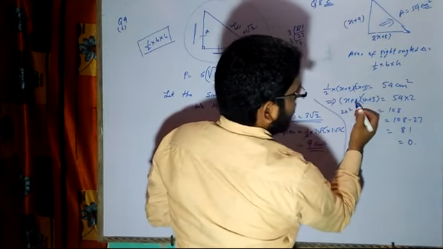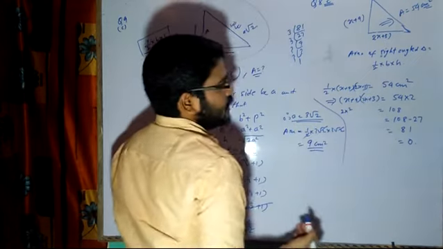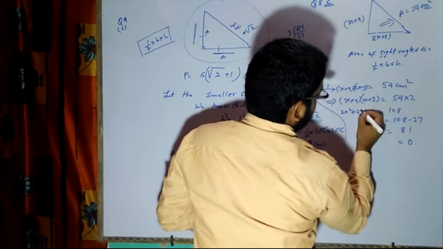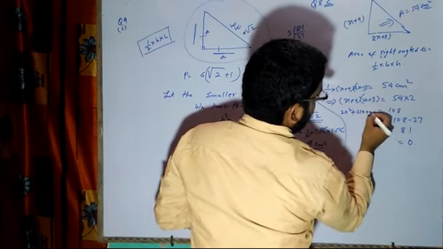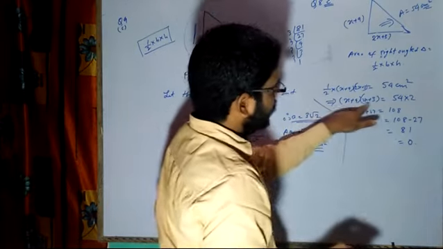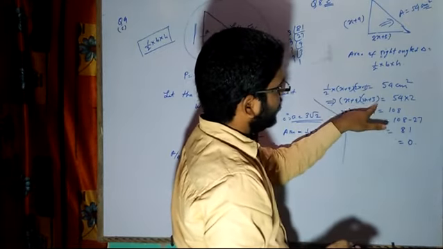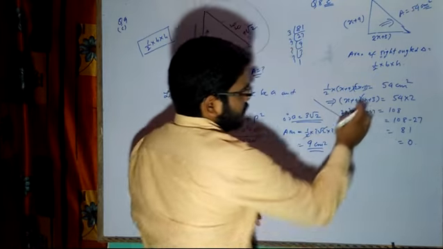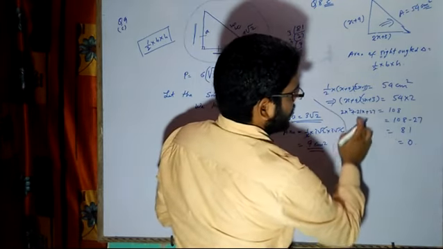Then we have 3x, and then 9 2s are 18, 18 plus 3 is 21x, plus 27. Correct? x into 2x is 2x square, then we have 3x, then we have 18x, 18 plus 3 is 21x, and then 27.